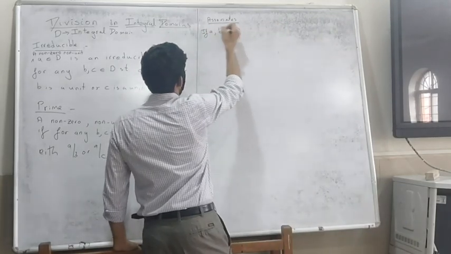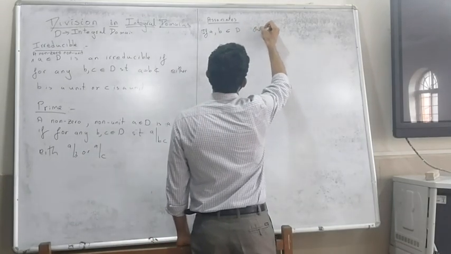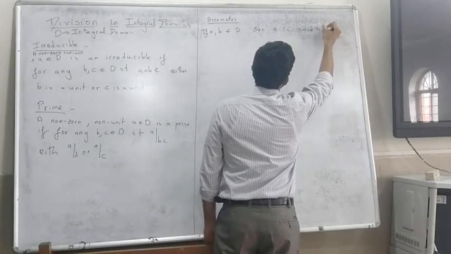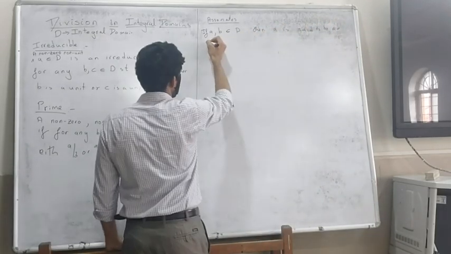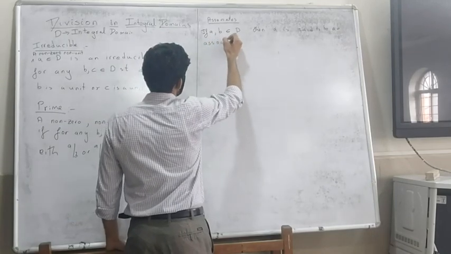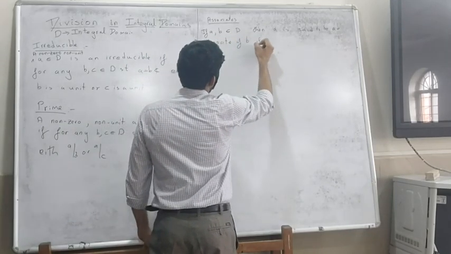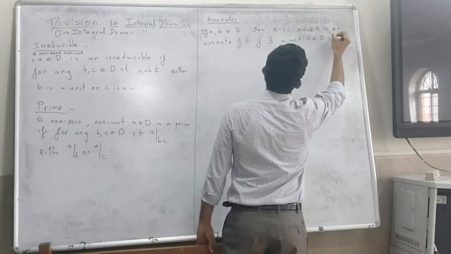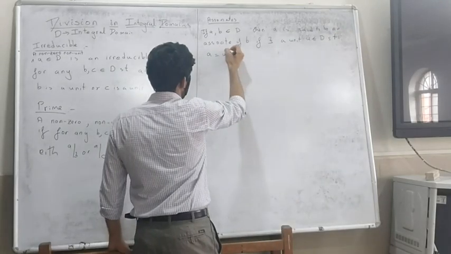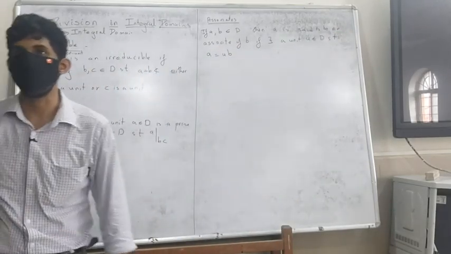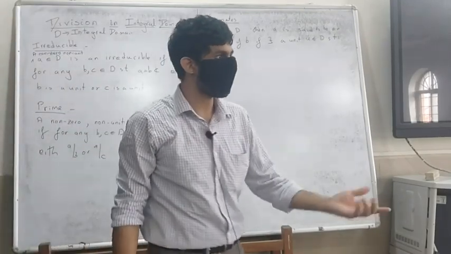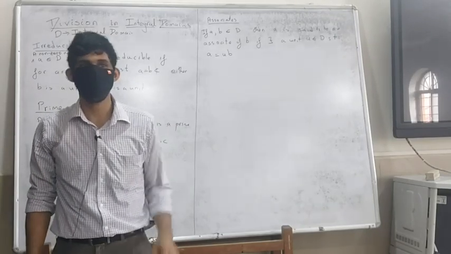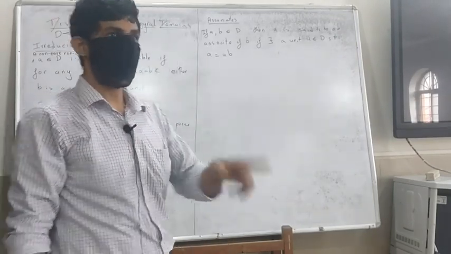If A and B are in D, then A is said to be an associate of B if there exists a unit U in D such that A can be written as U times B. It's a unit multiple of B. So in Z, what are the associates of 5? 5 and minus 5, 1 times 5 and so on.